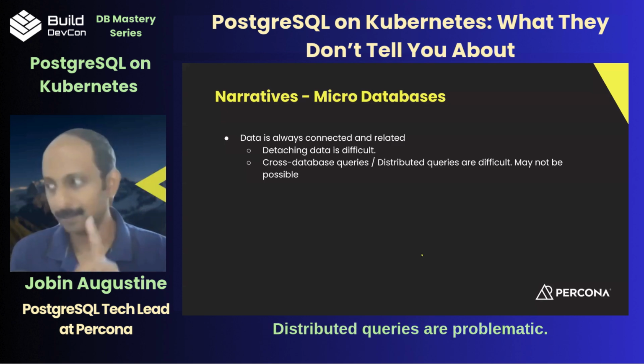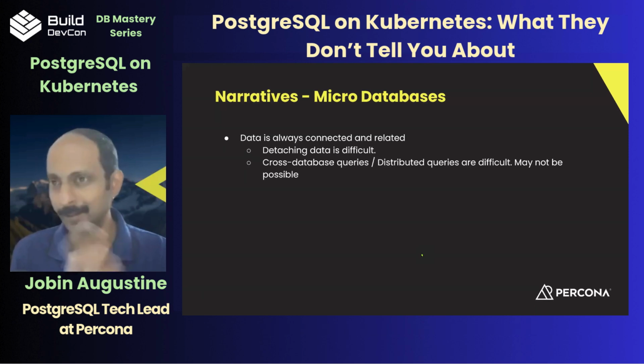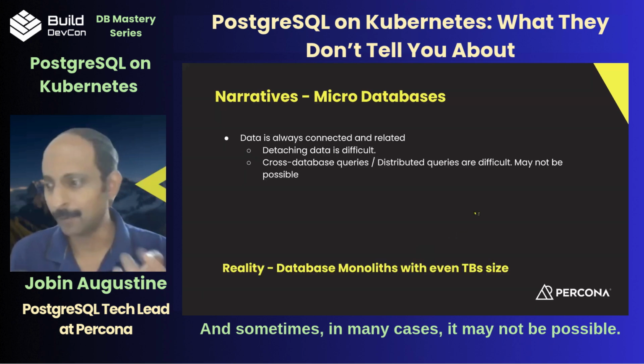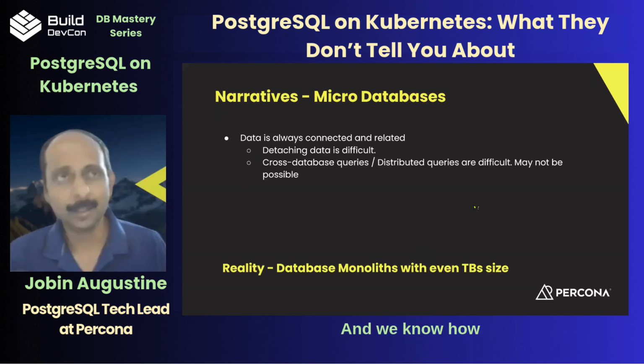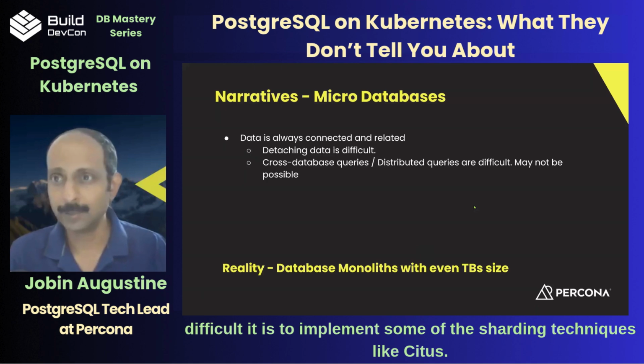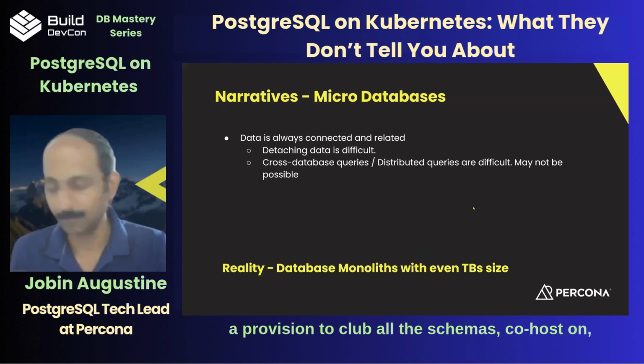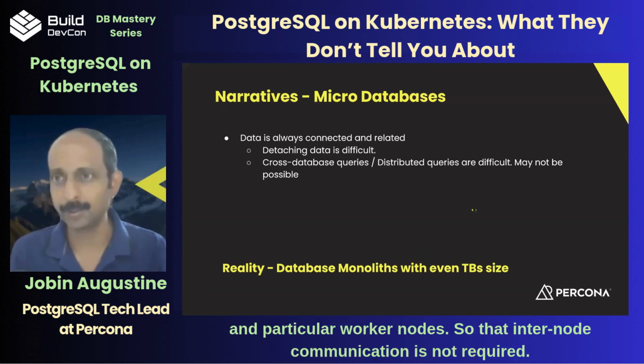Distributed queries are problematic, and in many cases it may not be possible. We know how difficult it is to implement some of the sharding techniques like Citus, because even today they have a provision to club all the schemas, co-host on a particular worker node, so that inter-node communication is not required.